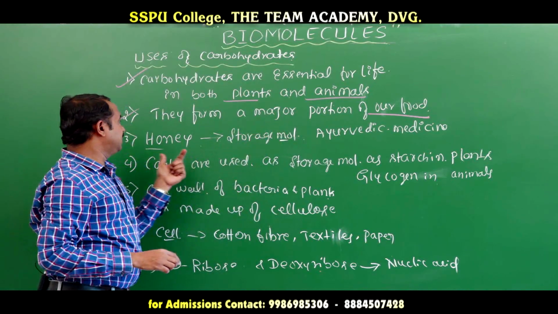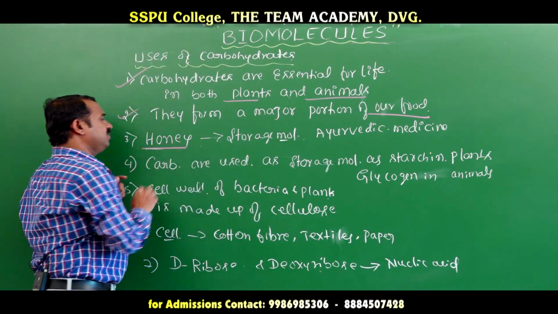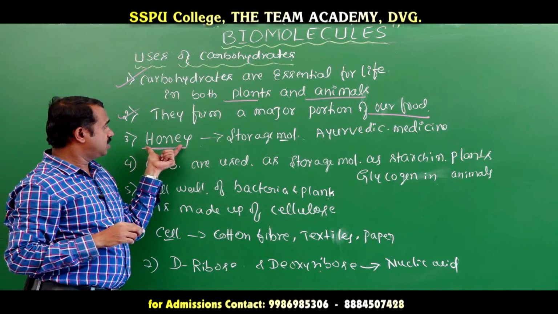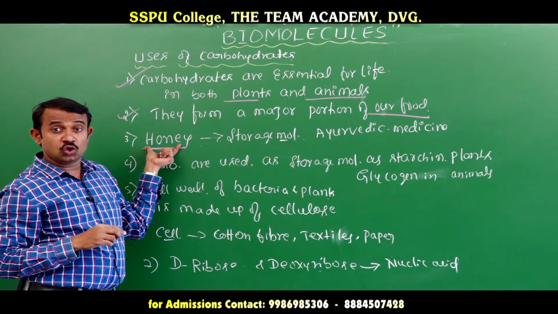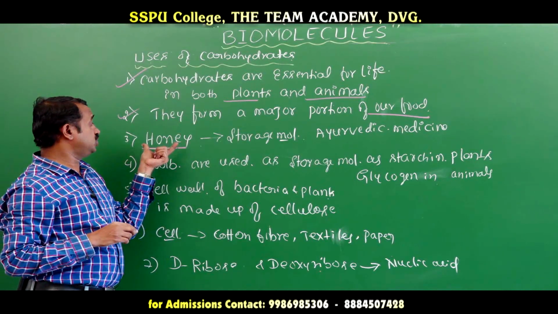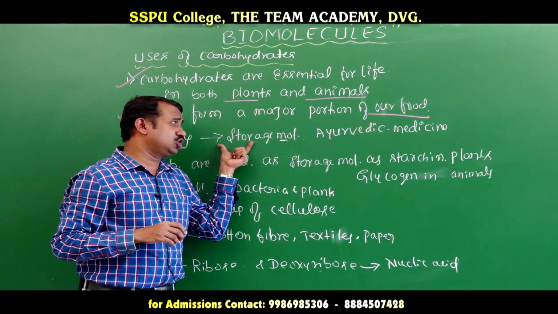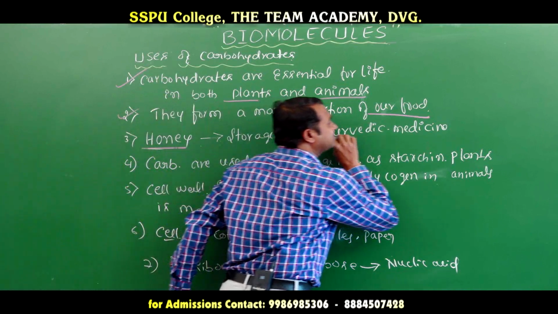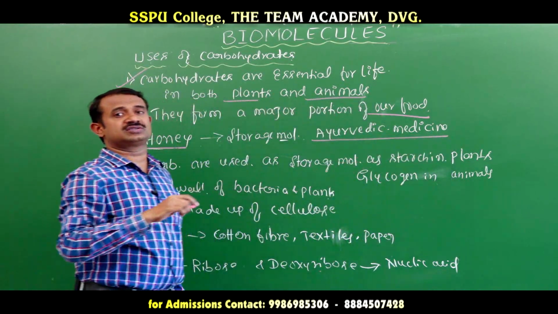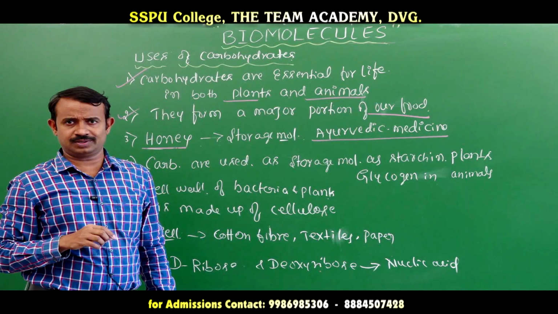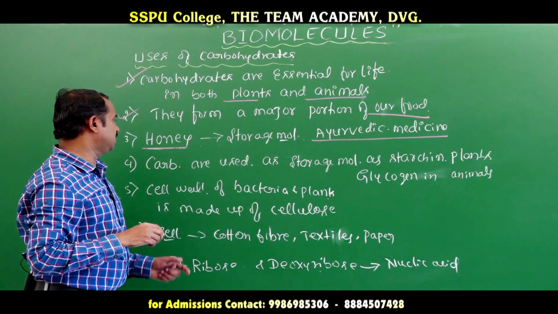Next, honey contains carbohydrates such as glucose; sucrose is a major component of honey. It is a storage molecule. It is used in Ayurvedic medicines. Very, very important. Okay, it is used in Ayurvedic medicines.